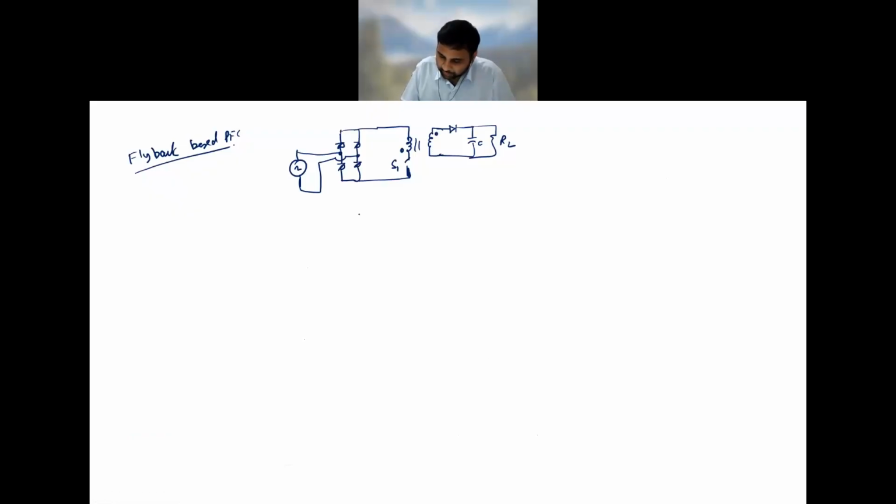Now we know that we have already solved the duty ratio of this switch S1, which will be nothing but 1 by 1 plus VSP minus sine omega t by V naught. That is the value we have given.